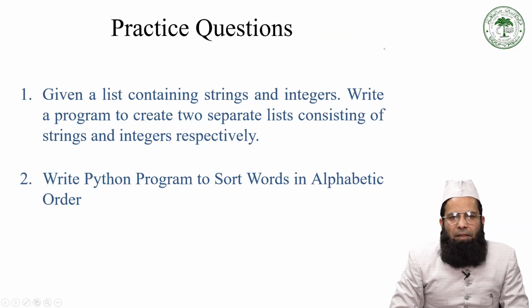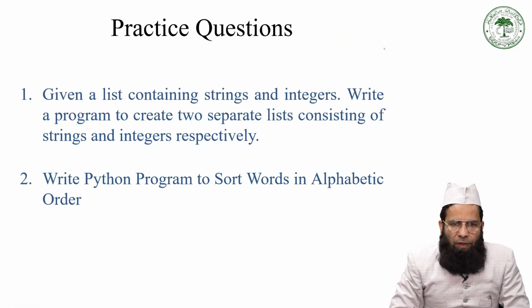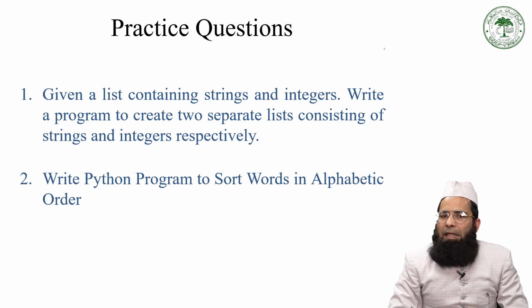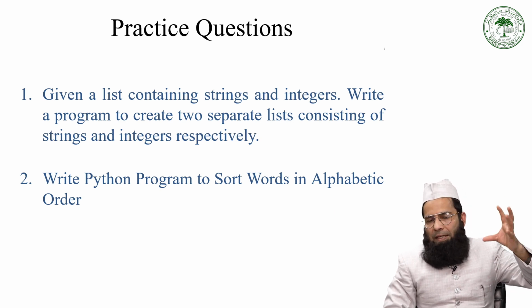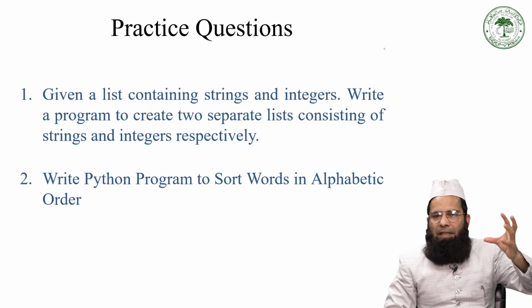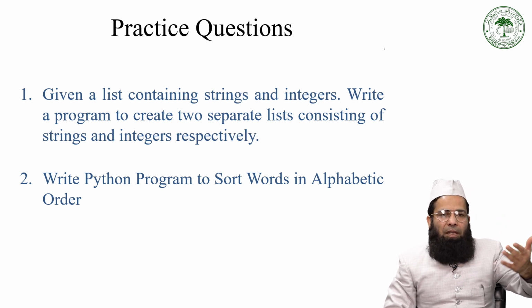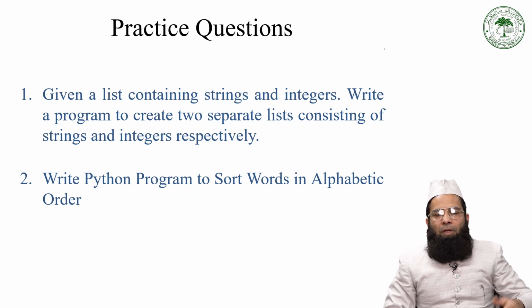Now we will discuss certain questions as far as list is concerned. Suppose you have been given a list containing strings and integers. Write a program to create 2 separate lists consisting of strings and integers respectively. As we had discussed, a list can contain different types of data like string, integer, float.